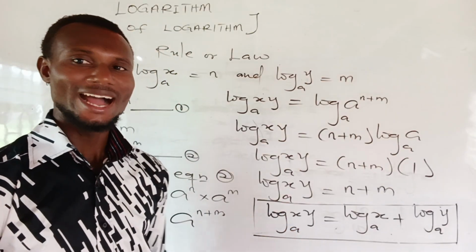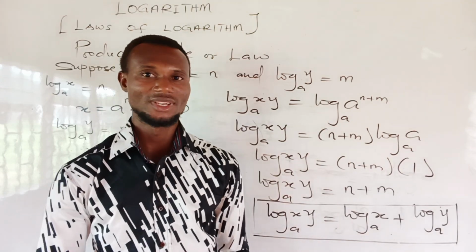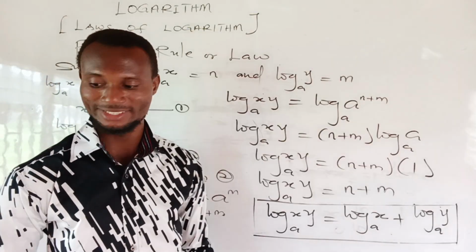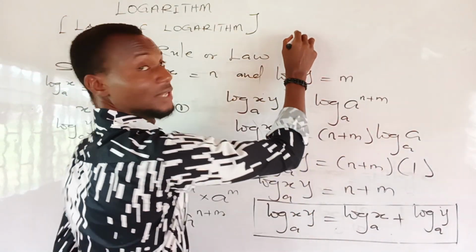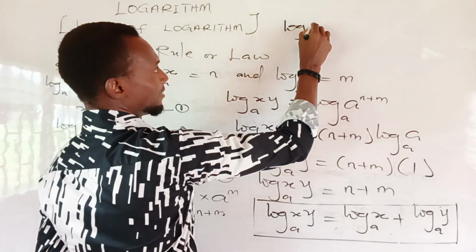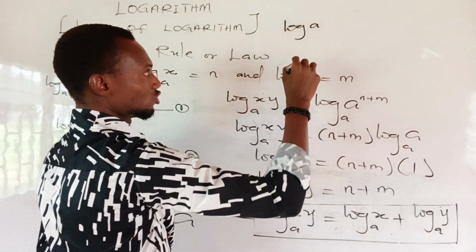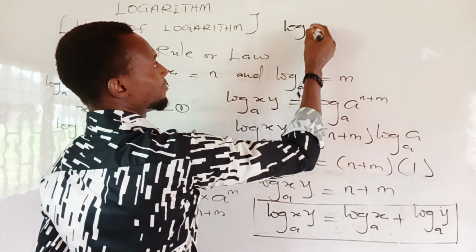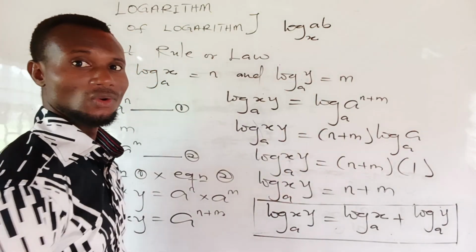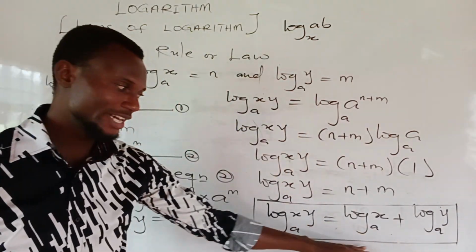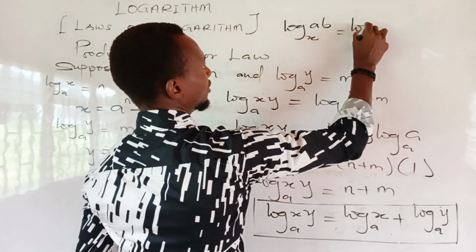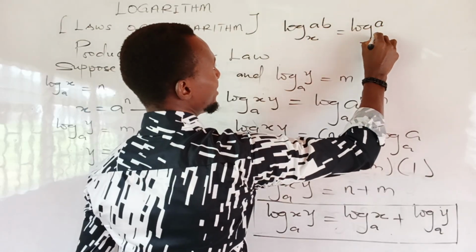So before I end this session, let's do some basic explanation on this. Okay, so let's say I have, let me write it here, log ab to the base s. Okay, so from the log that we've established, this can be written as the log of a to the base s.